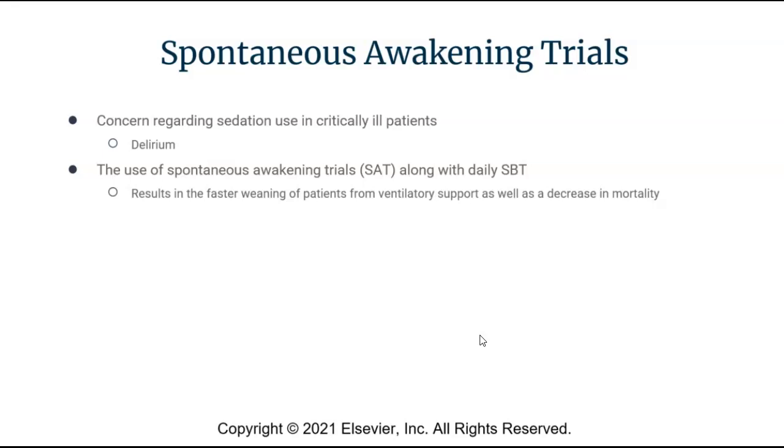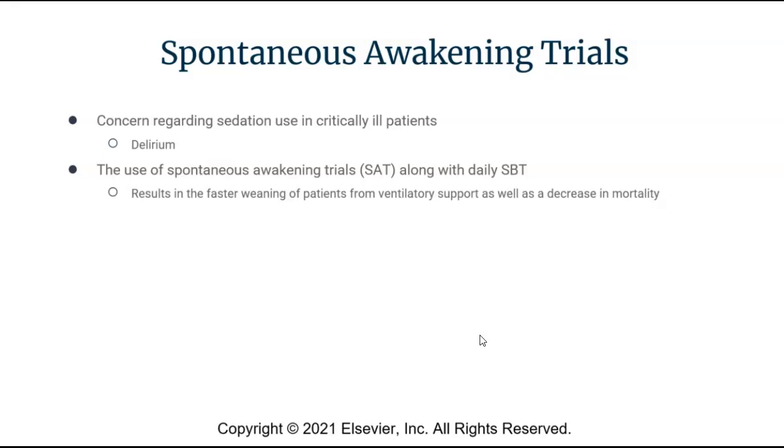So your book talks in table 53.4 about different types of sedation scores that are used on mechanically ventilated patients. They talk about the Ramsay sedation score, the Richmond agitation sedation score.